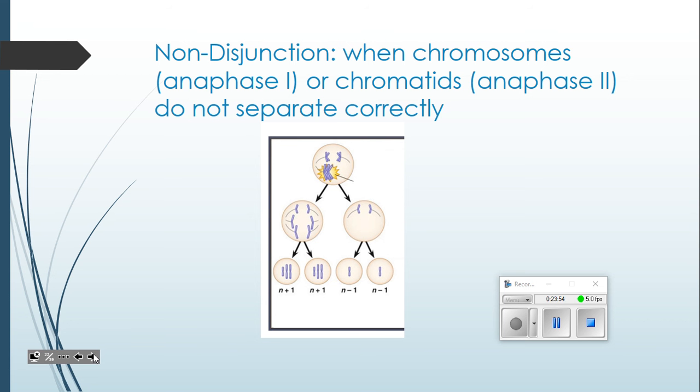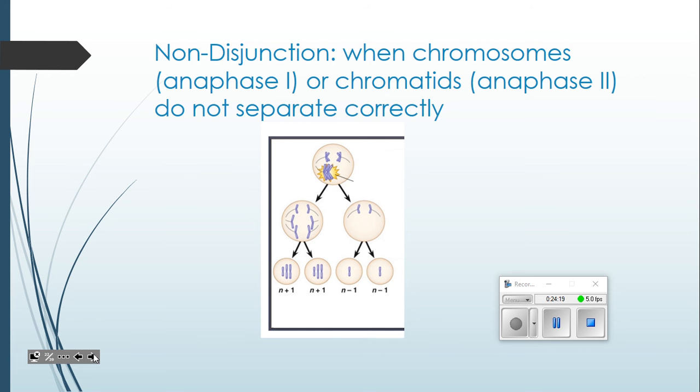And we know that haploid cells have n chromosomes. n is for haploid. But when nondisjunction happens and we're making gametes, we could end up with gametes that have n plus 1 or perhaps n minus 1. They're haploid plus 1 extra chromosome, or they're haploid minus 1 chromosome.